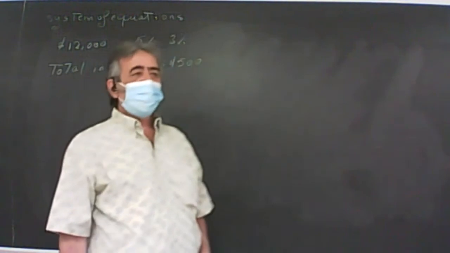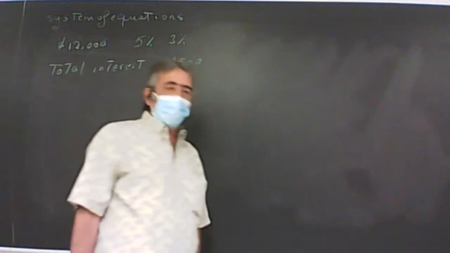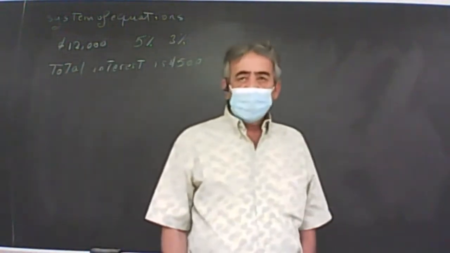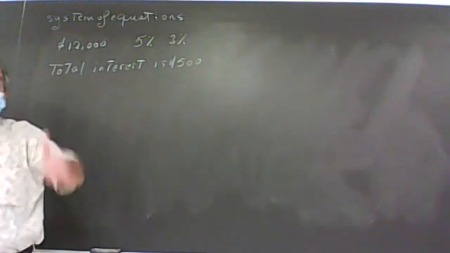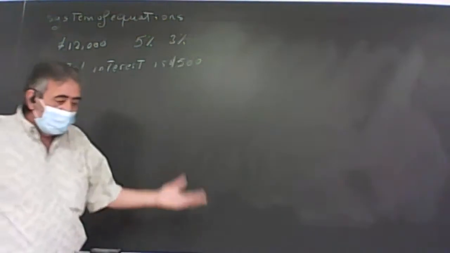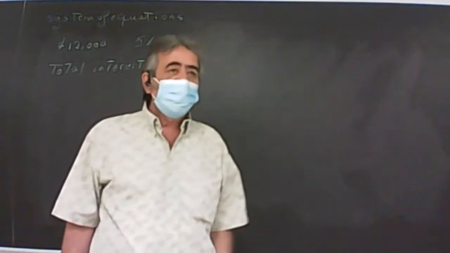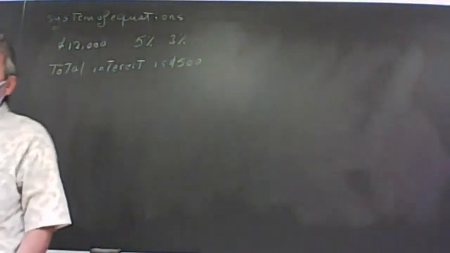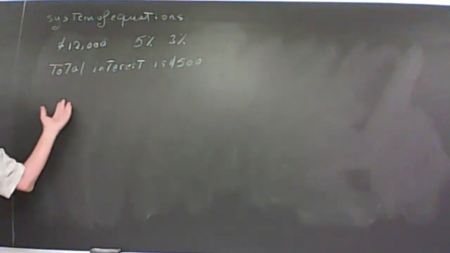So that means we need to set up a system of equations, solve it, and then figure out the amounts. First, I'm looking for how much I invested at 5% and how much I invested at 3%. I don't know the amounts, so I'm going to assume a letter for each one. This is always step 1 in your calculation: let x be something, and describe it so people know what it is.